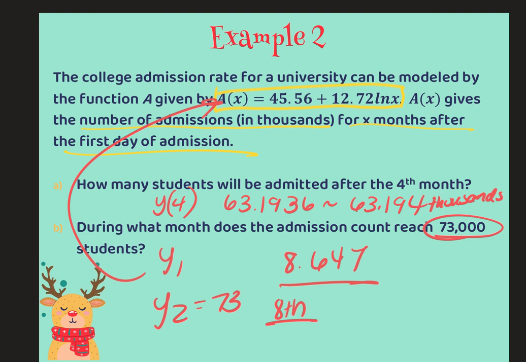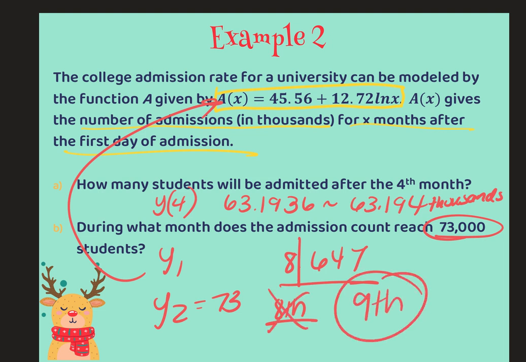If I say the result is in month 1, and I ask you how much is it after the 1st month? Is that the beginning of the month or the end of the month? At the end of the month. So if it's the 8th month, then 8 would stop at the 8. 0.647 is into what month? The next month, which is the 9th month.